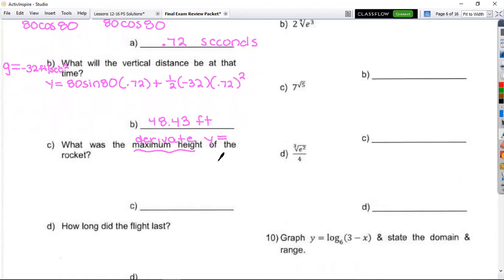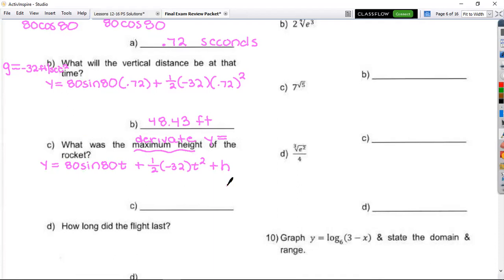Okay, so you're going to take your t back out. So your equation first was y is equal to 80 sine 80 t, and then plus 1/2, and then negative 32, and then t squared, and then plus h, which is just a constant.